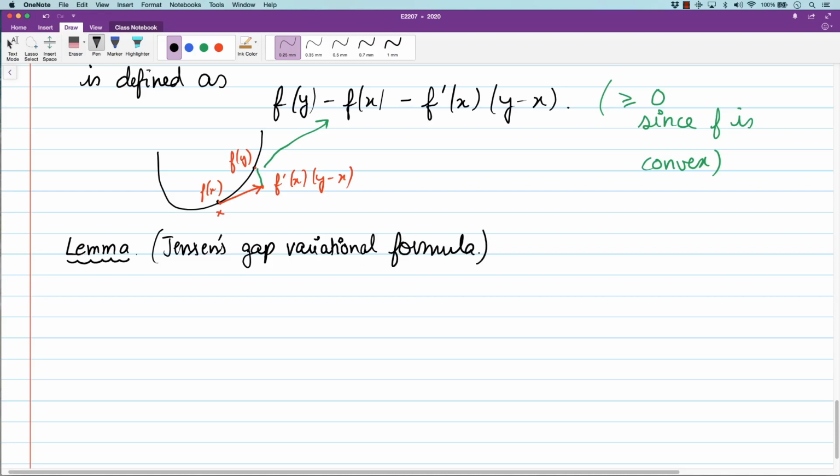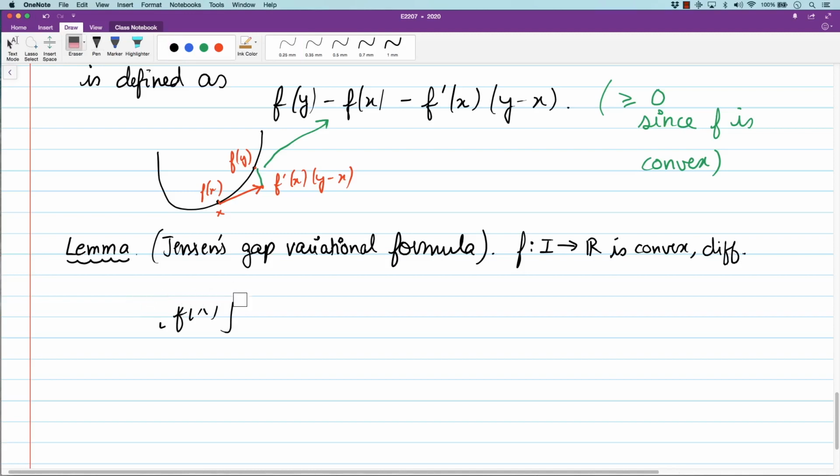So for a random variable x, consider the expected value of f of x. Once again, f from I to R, as above, is a convex differentiable function.